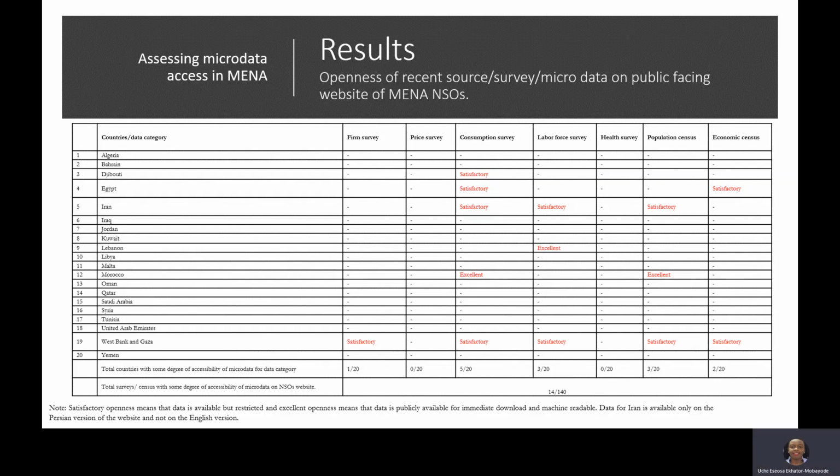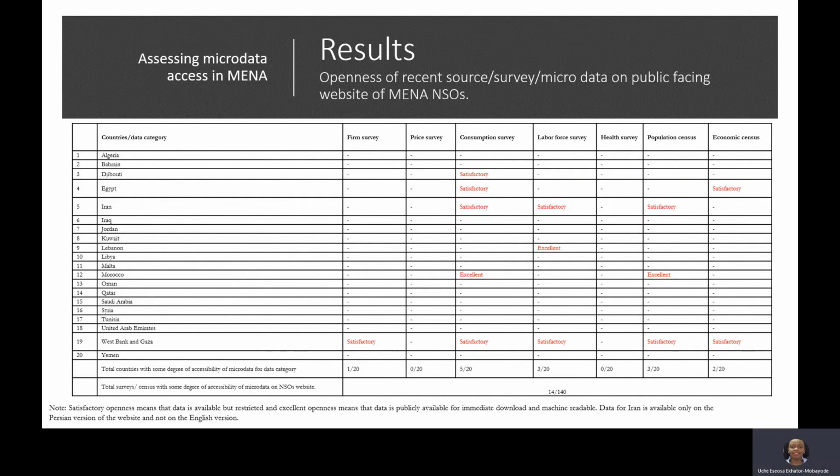Of the 78 data sets that were collected, only 14 have some degree of accessibility to data users. And of the 14, only 3 have excellent openness, which is a case where you go to the website and it's downloadable immediately. For the remaining 11 data sets, data users would need to make a request, create an account, or both to get access to the data.